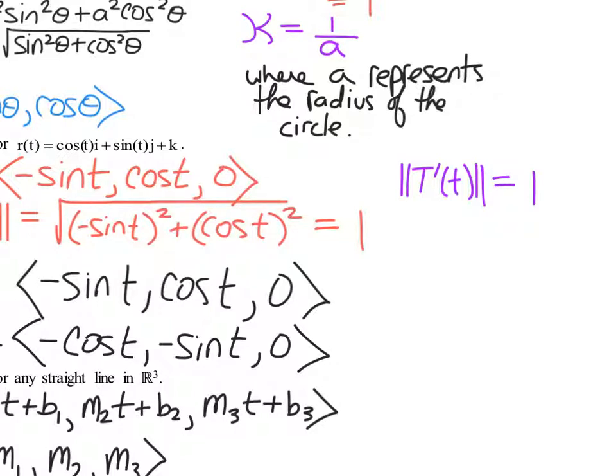Negatives are going to drop. The 0 is irrelevant. I'm going to be taking the sum of sine squared and cosine squared, which is going to amount to a 1. Square root of 1 is equal to 1. So if I'm looking for my k, one over 1 is 1.